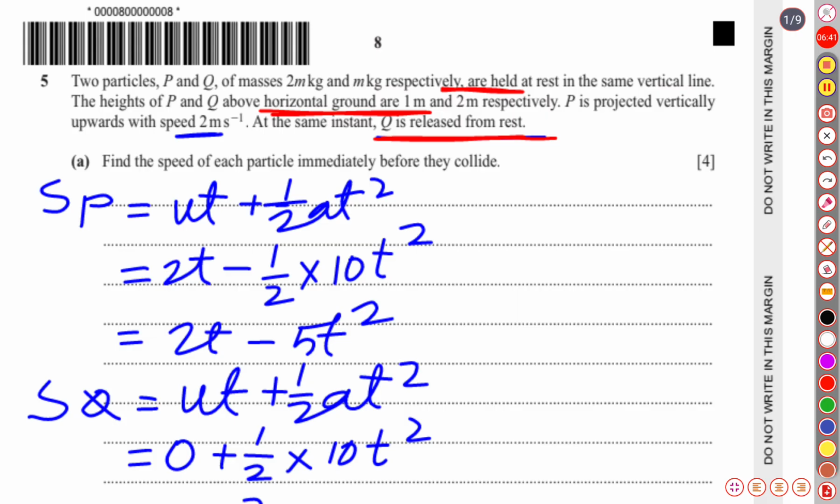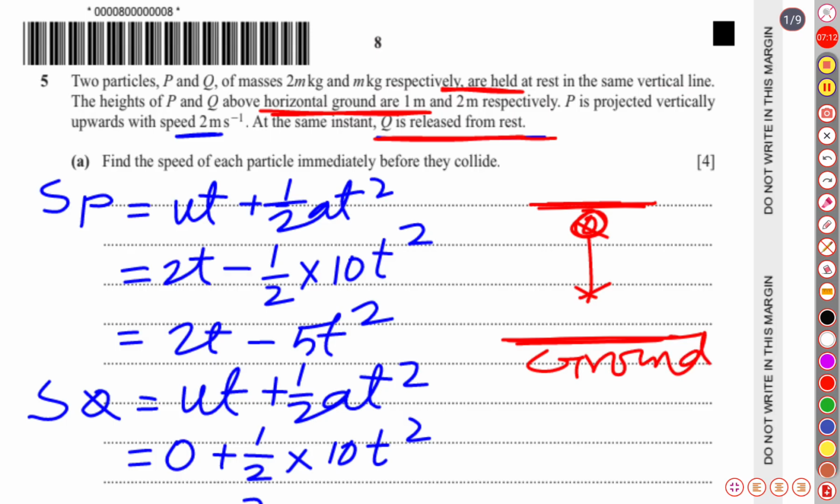Suppose Q is over here, this is particle Q which is moving downward, and this is the ground.